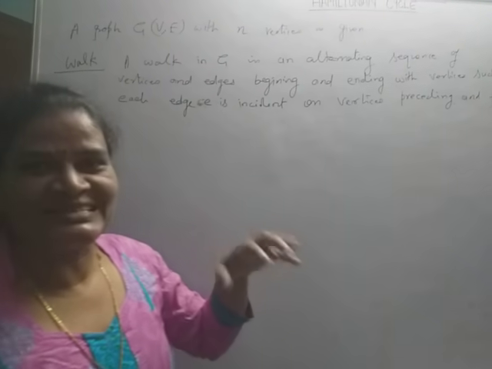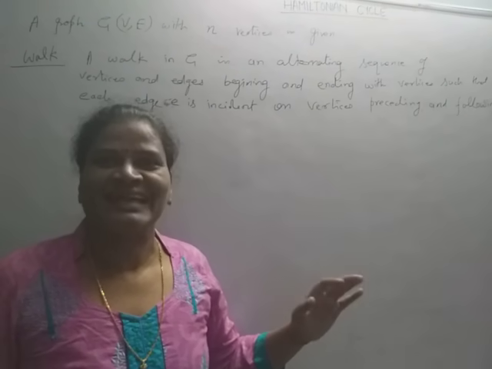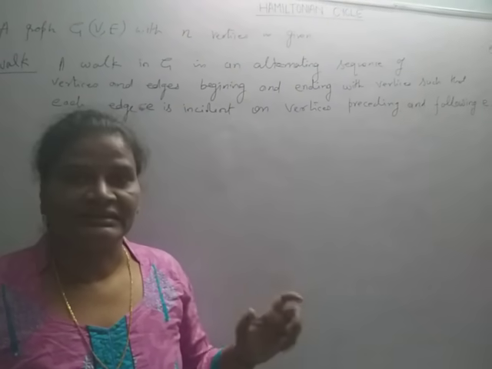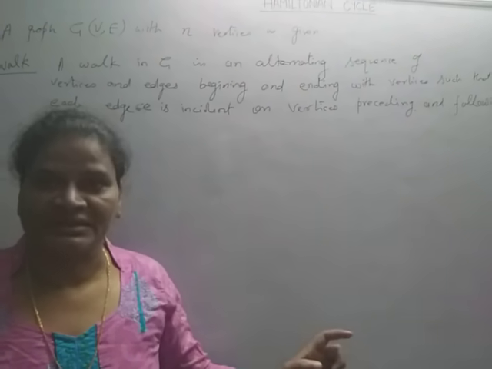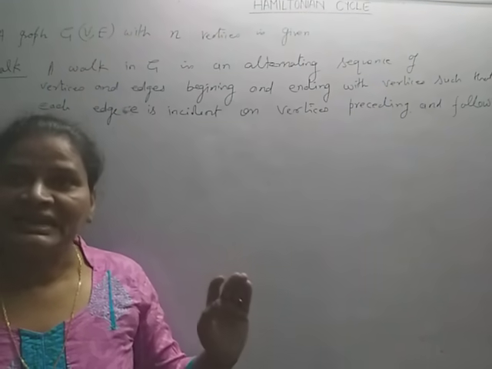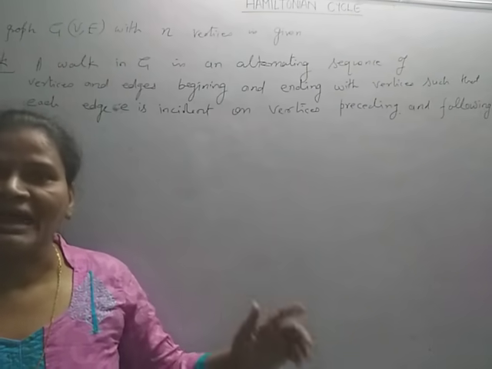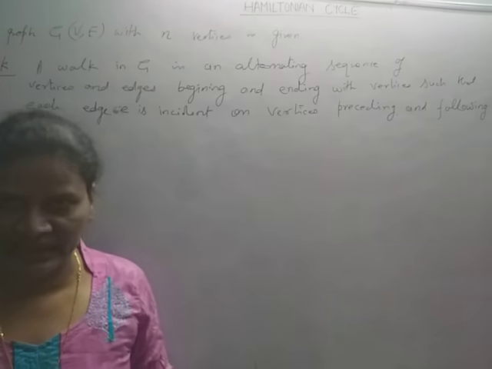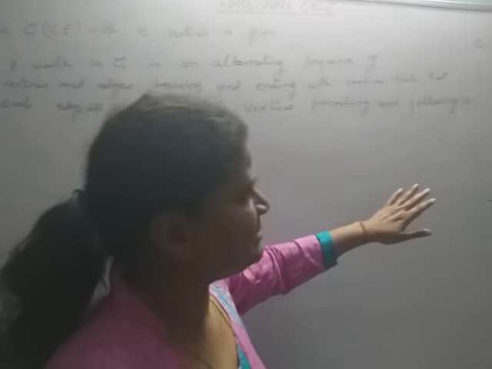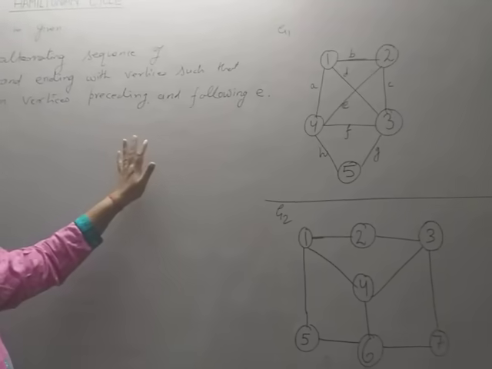Now see what a walk is for a given graph G with n vertices. A walk in G is an alternating sequence of vertices and edges. That walk begins with a vertex and ends with a vertex. And each edge is incident on the vertices preceding and following that particular edge. Now see, this is the example graph G1. What is the meaning of walk?